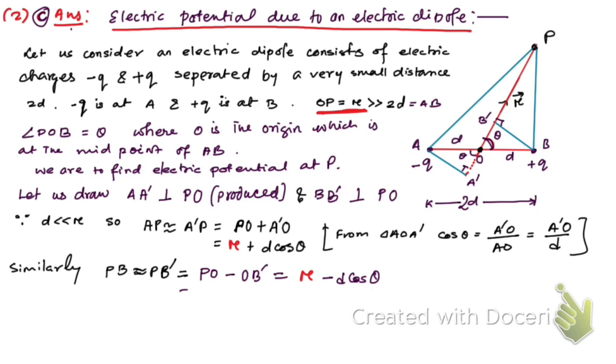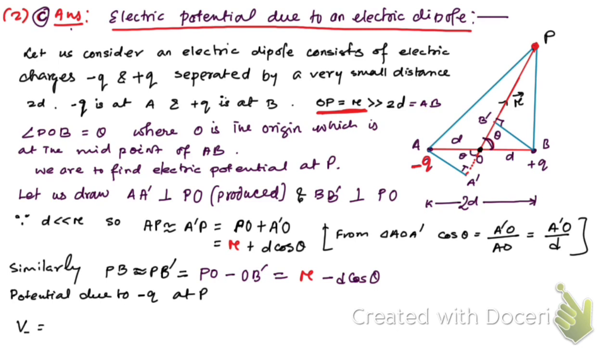Now, the potential due to the charge minus q at P. So how to find that? Let me write potential due to minus q at P as V minus.